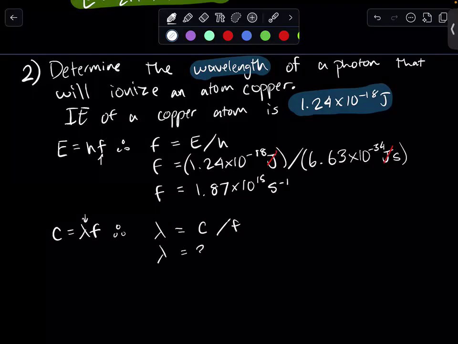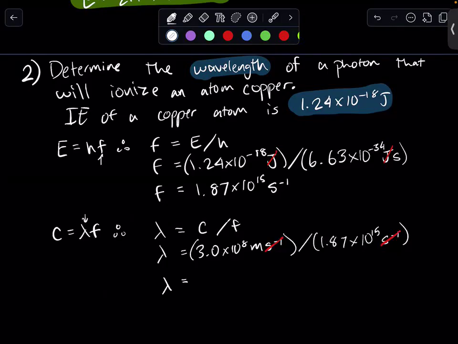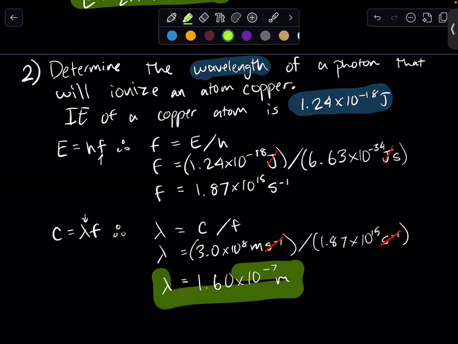Therefore, lambda is equal to 3.0 times 10 to the 8th meters seconds inverse, all divided by 1.87 times 10 to the 15th seconds inverse. Seconds inverse divided by seconds inverse cancel out, and I get my answer in meters, which is good because that's the unit I need. I get 1.60 times 10 to the negative 7 meters. And just like that, I have found the wavelength of the photon that ionizes a copper atom. Hopefully this helped you learn a little bit about ionization energies and have a great day.